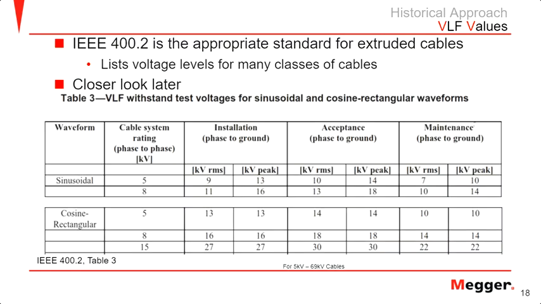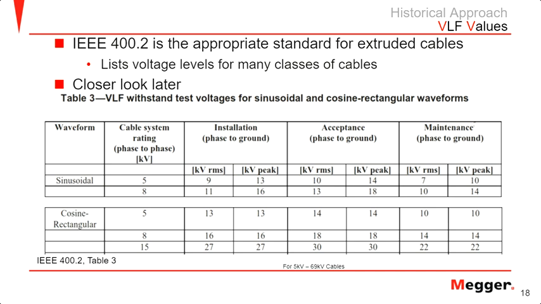Next, when you look at values that are supposed to be followed, this is a table from IEEE 400.2, that's your VLF standard. That gives you, like we said, 3 different voltage levels, right? Installation, acceptance, and maintenance. And for each one, it is clearly defined what voltage level you need to follow.